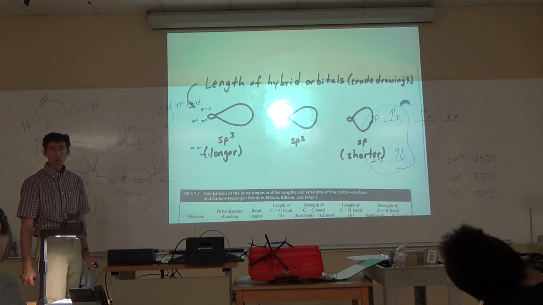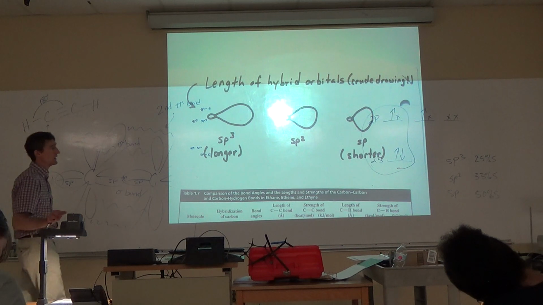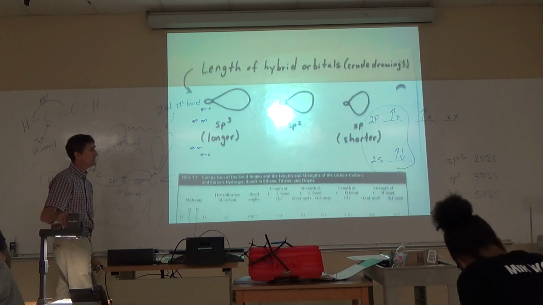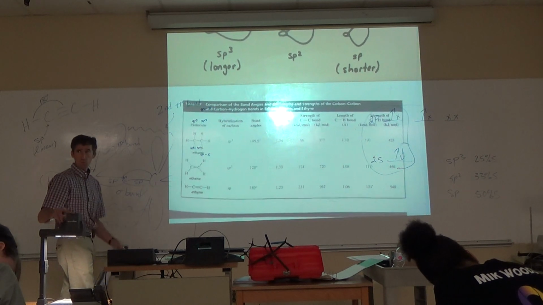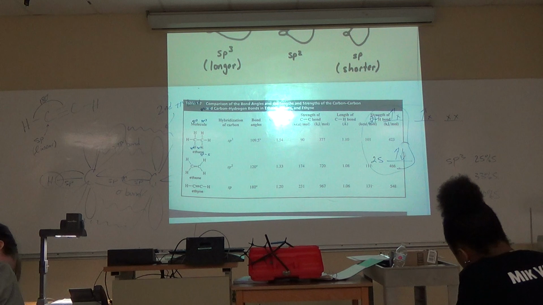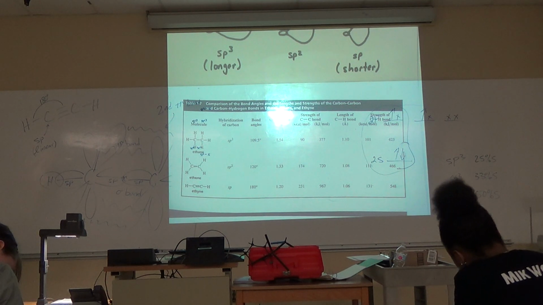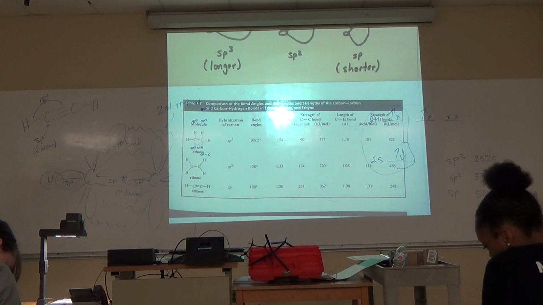Or you can say the shorter the orbital, the stronger bond it's going to make. I don't know if that's always the case. Basically, I look at it as if the electrons are in a more stable orbital, they're going to make stronger bonds. But you're putting energy in to break the bond. If the electrons already exist at a higher energy, it's going to be easier to just break it.